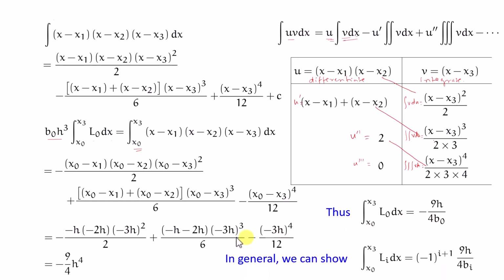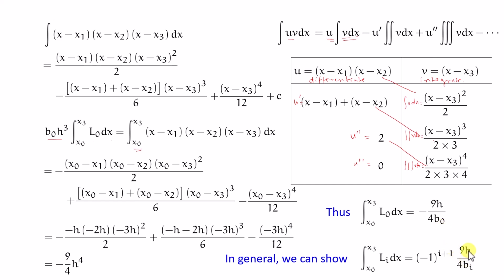So in general, we can carry out this kind of integration for all these L's, and what you will see is that all of them will come down to this 9 by 4 h to the power 4. Either they will be plus or they will be minus. However, these b's are different. b1, b2, b3, they are all different from b0.